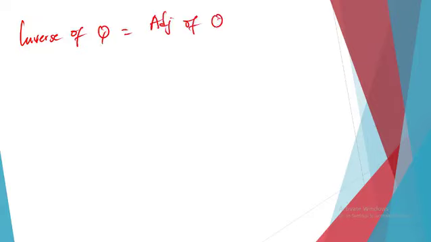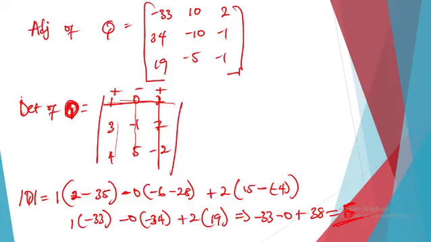Then we are given that the inverse of Q is equal to the adjoint of Q all over the determinant of Q. This is the adjoint of Q, so we'll write it down.